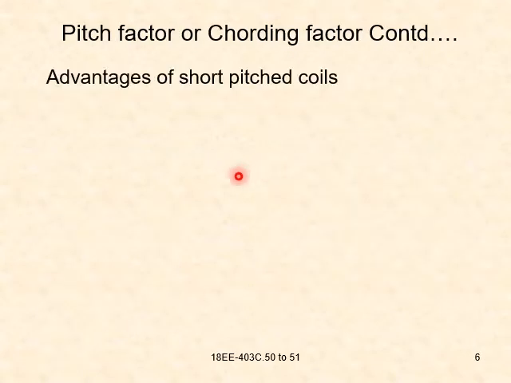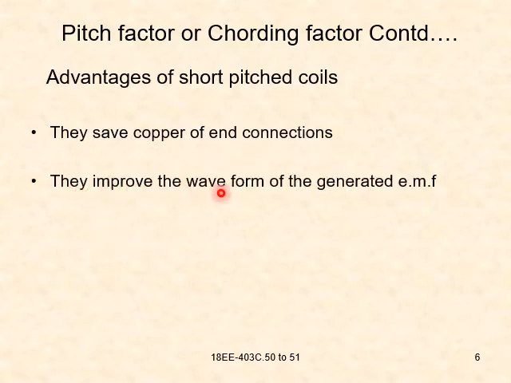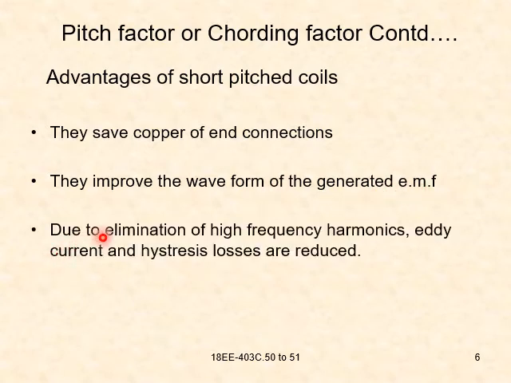Now, in continuation, the advantages of short pitched coils are: they save copper of end connections, since the length is less, and they improve the waveform of the generated EMF.